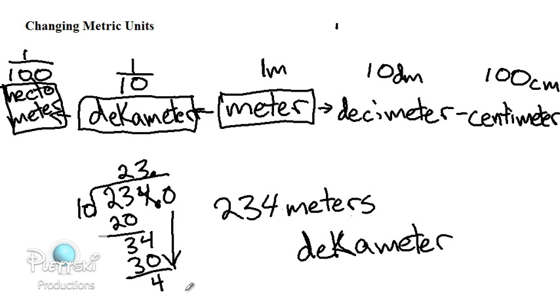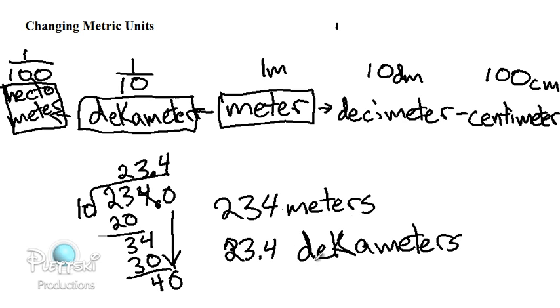And then add a 0 and bring it down here. And 10 goes into 40 4 times. So 23.4 decameters equals 234 meters. Okay, that should make sense.